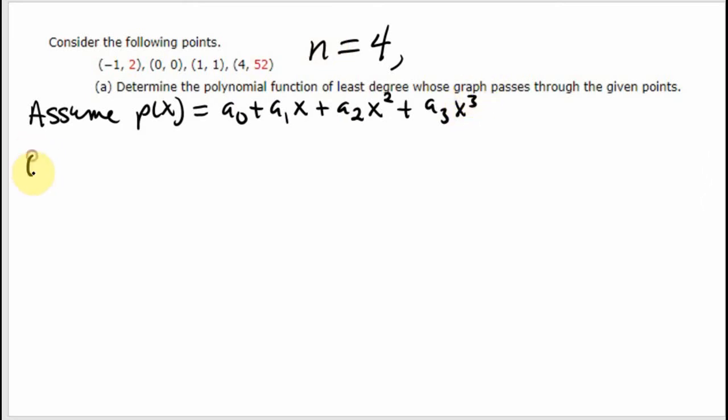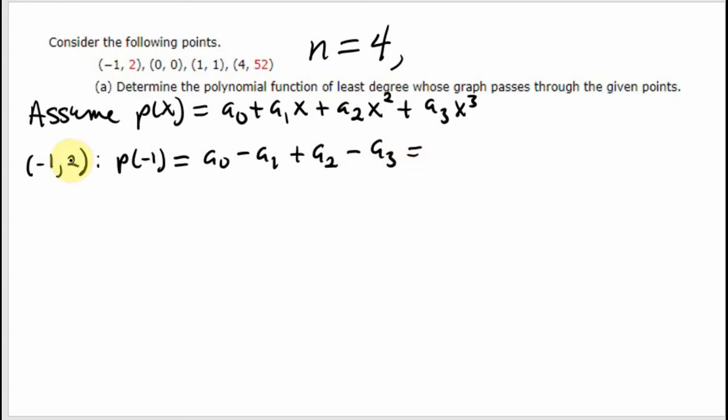So for the first point, negative 1 comma 2, we're going to try to build a system. So we have p of negative 1 is equal to, so I'm going to just replace the x with negative 1. So I have a naught minus a sub 1 plus a sub 2 minus a sub 3 is equal to 2.